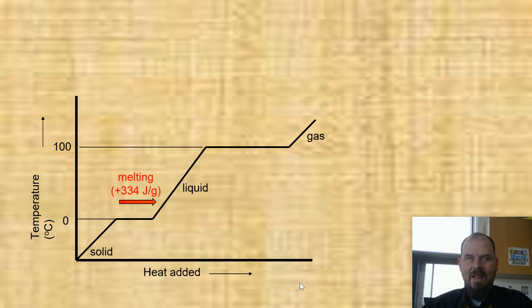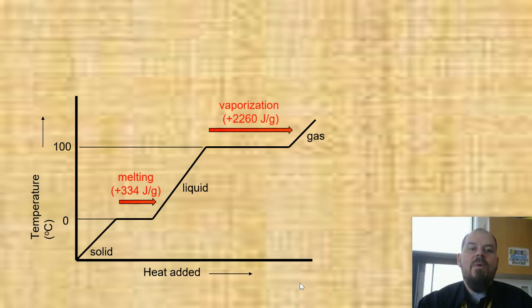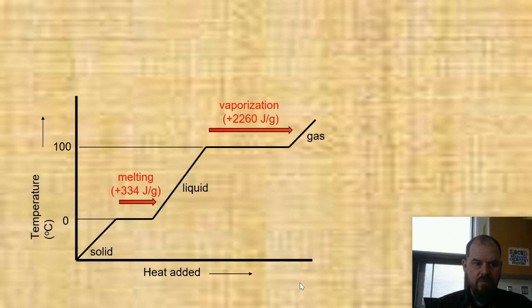A lot of these things you should already kind of know, right? And when I go from liquid water to gas, the science word is vaporization. You could call that boiling if you'd like, because that's what you know, and I'm cool with that. Notice the energy is different to make both things happen.